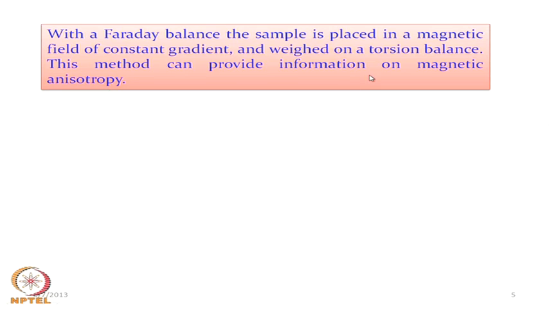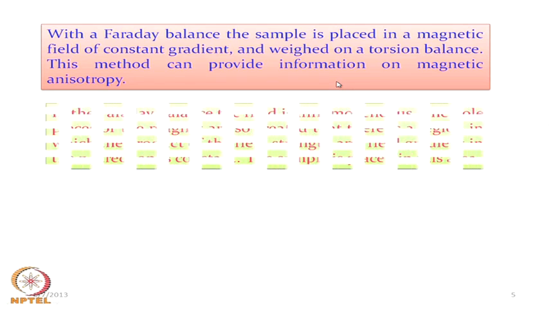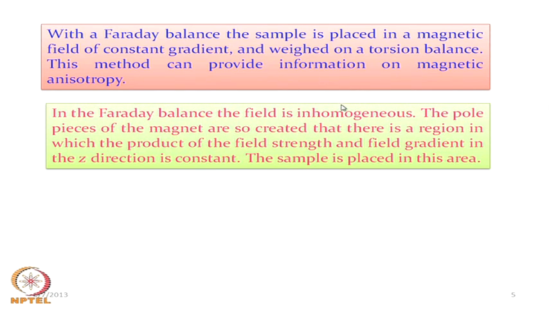That means, if the sample is not behaving uniformly in its three directions, x, y and z, if the magnetic response along one axis is different compared to the x axis or the y axis, then we have magnetic anisotropy in the sample, and that anisotropy gives us very important information related to the magnetic interactions between the two paramagnetic centers which are interacting.